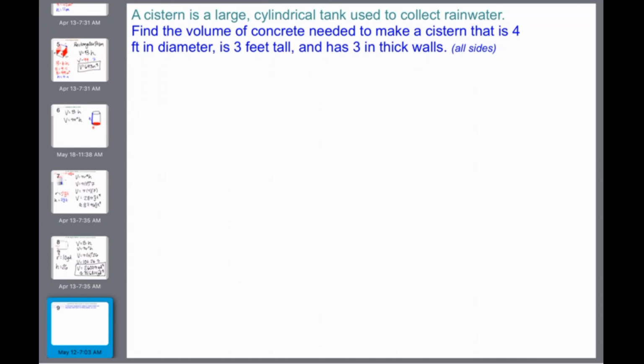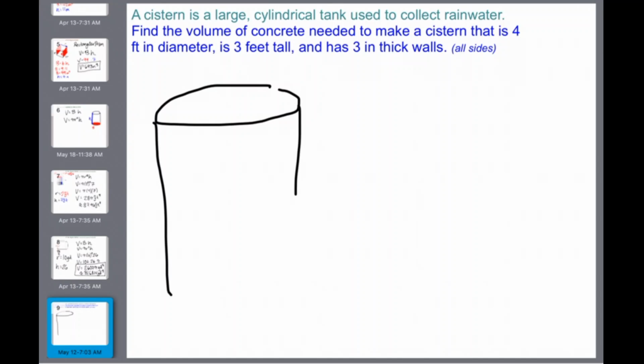So if we think about a cylindrical container, so we have our cylinder on the outside, and we're given some dimensions. So we're given that it is 4 feet in diameter. So across the top, we're given that we have a diameter of 4 feet.